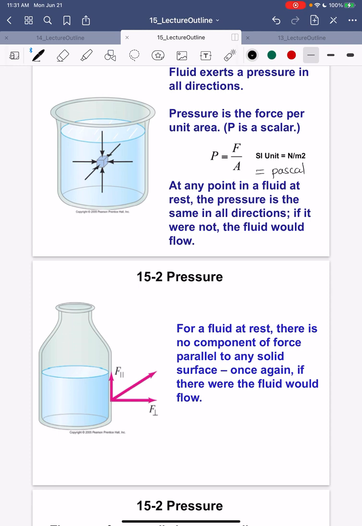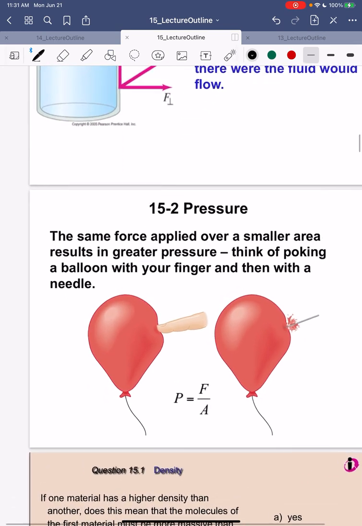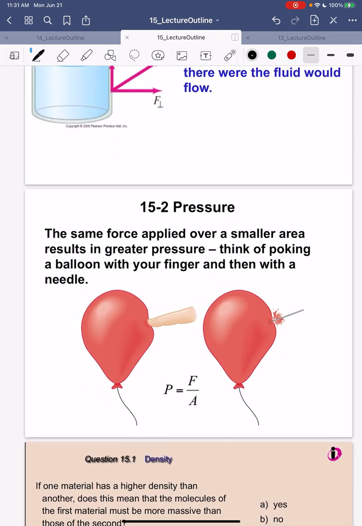For a fluid at rest, there is no component of force parallel to any solid surface, because if there were, the fluid would flow. This is the equilibrium, and in this first part we are talking about what is called fluid statics, when the fluid is not flowing.